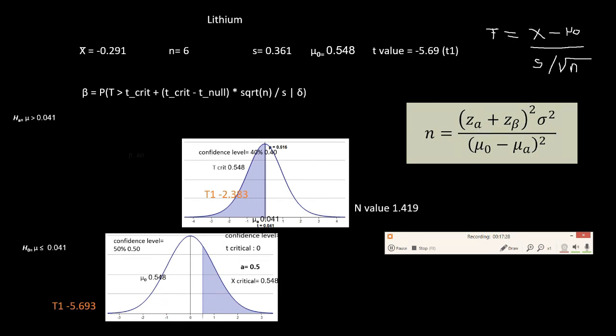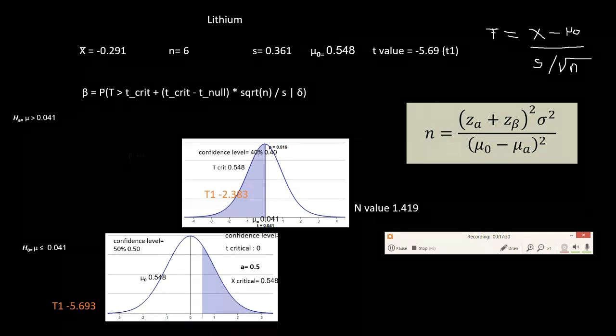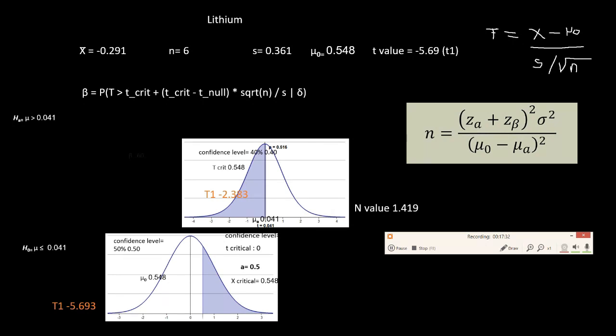Okay, I get it. That will mean that the top curve is 2.383 t values to the left of the bottom curve. Okay, I get it.